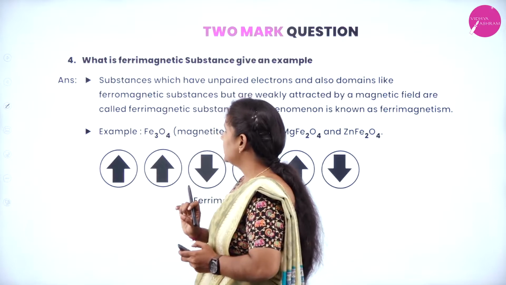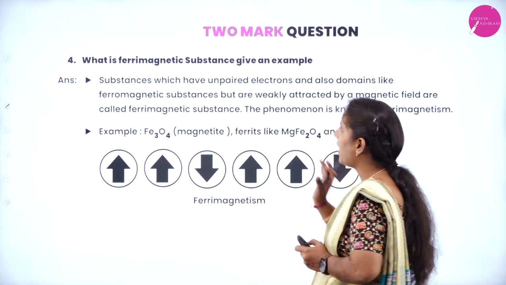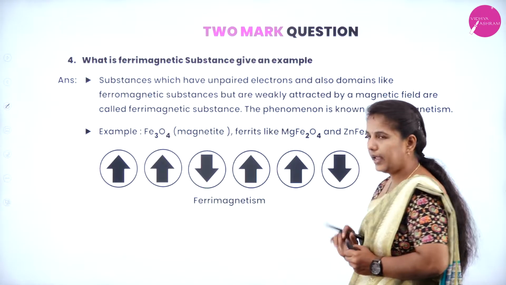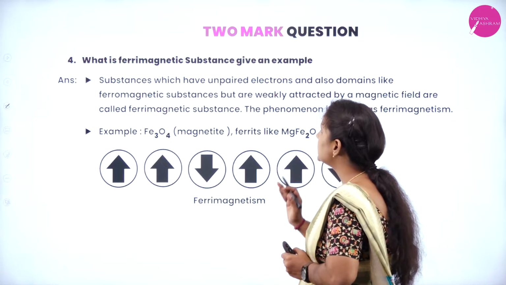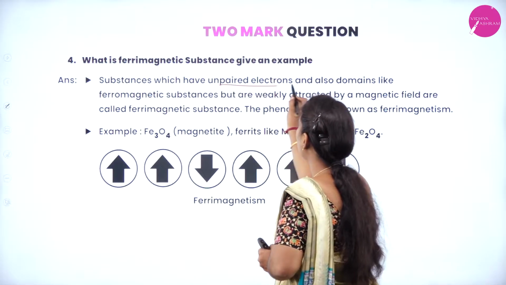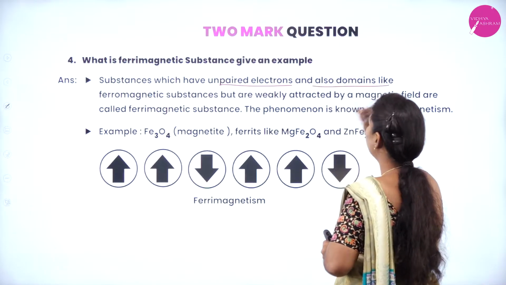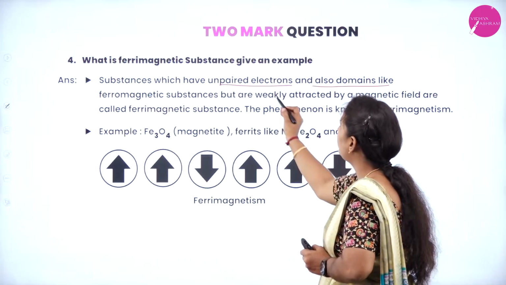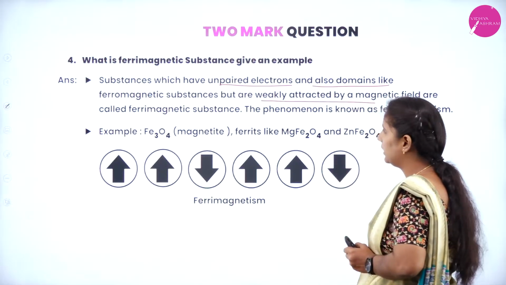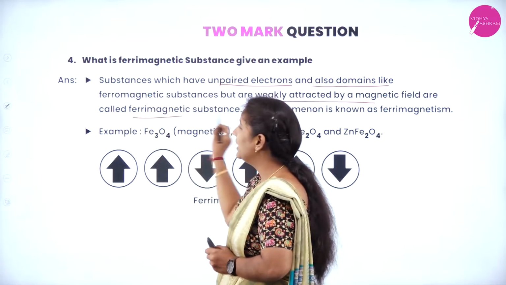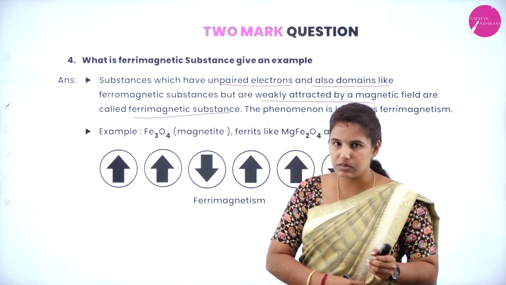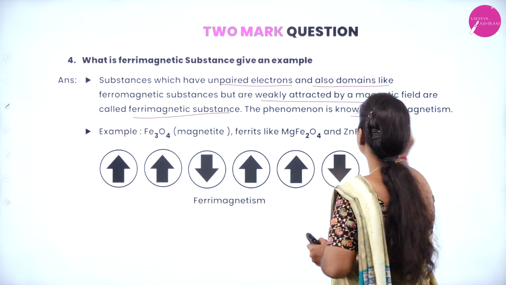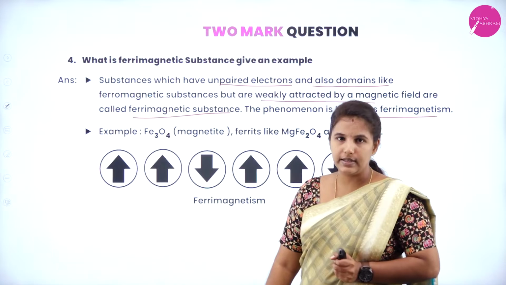Okay. Next is, what are ferrimagnetic substances? Give an example. The substances which have unpaired electrons and also have domains like ferromagnetic substances, but are weakly attracted by the magnetic field, are known as what? Ferrimagnetic substances, and the phenomenon is known as what? Ferrimagnetism.